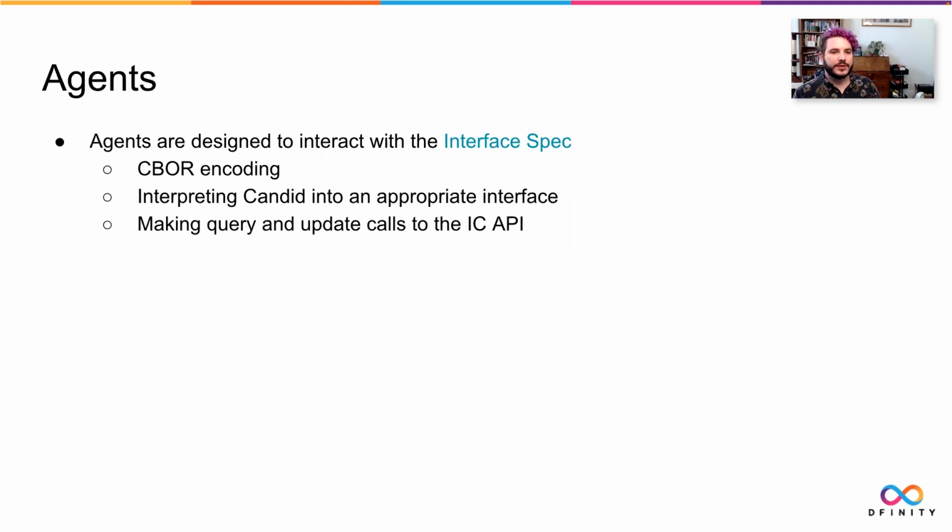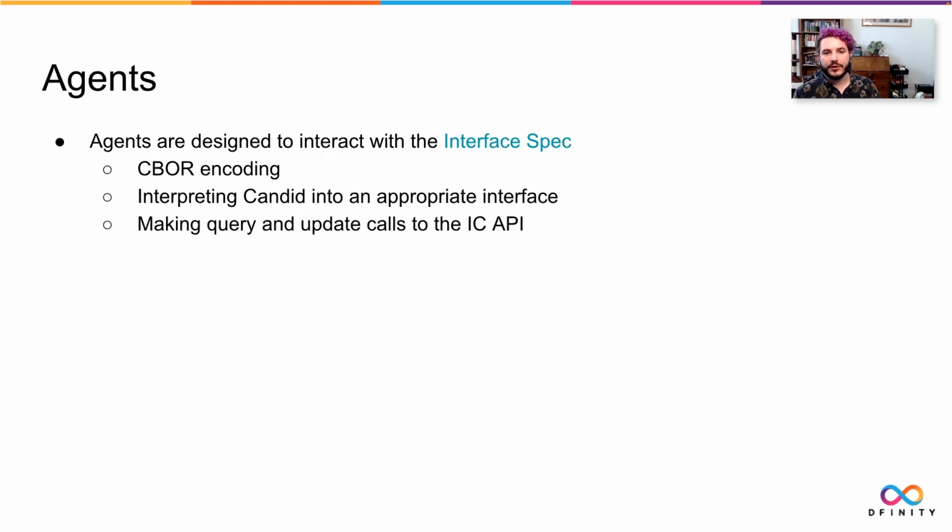So what it's going to do is it's going to manage CBOR encoding and decoding. CBOR is the main format for encoding messages that need to go into and out of WebAssembly, which is the system that all of our canisters run in. They also interpret Candid interfaces into an appropriate interface.